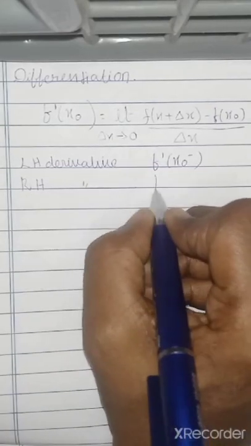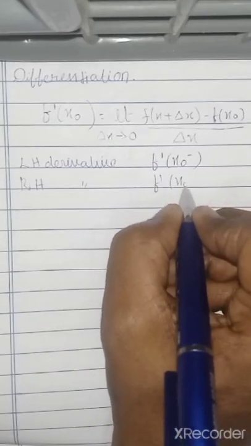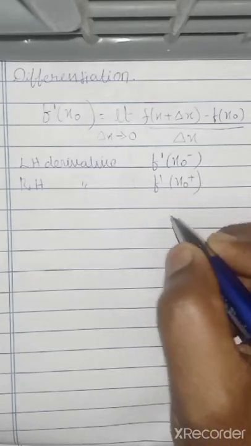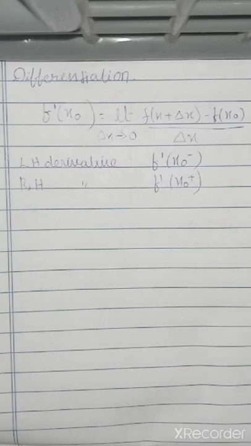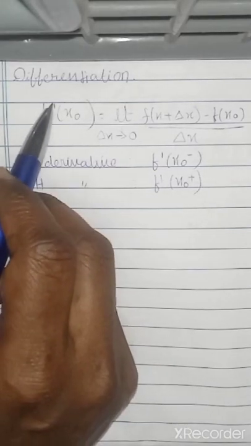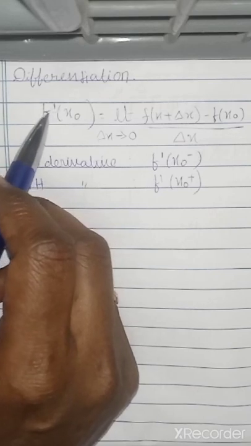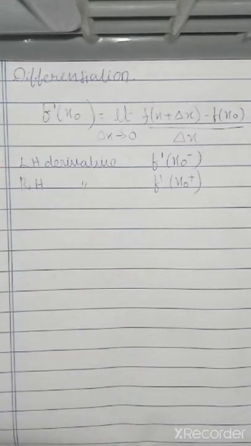Similarly, the right hand derivative we can define as f dash of x naught plus. This is your left hand, this is your right hand. Your first exercise is like continuity, but here we are using the derivative f dash. Dash means differentiation, f dash of x naught.